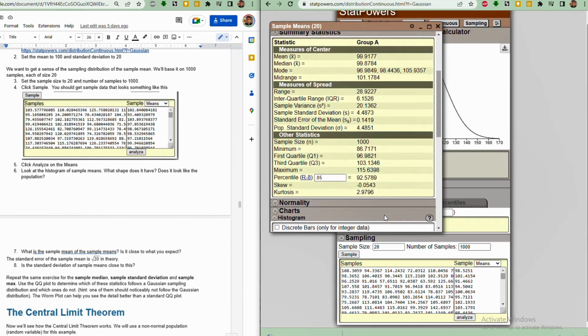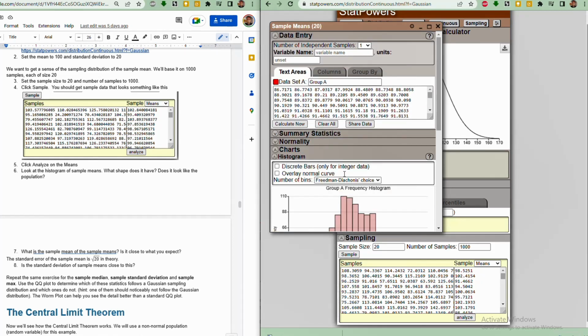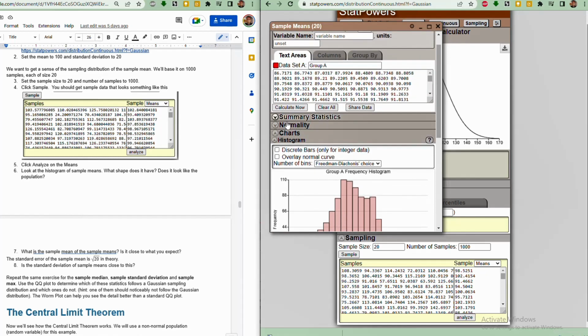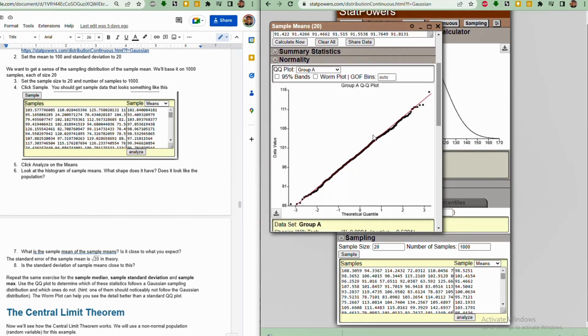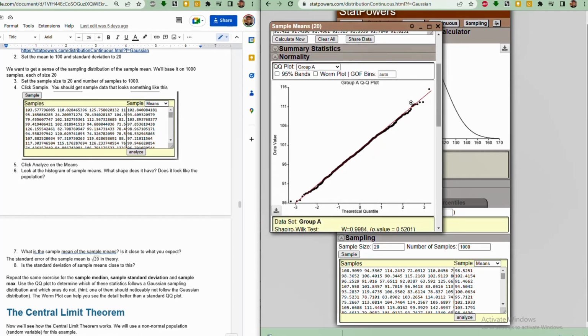Okay, now let's see, is there evidence? I know we looked at the histogram, and we can look at the normality plot. The QQ plot is very strong evidence that these sample means are distributed like a normal distribution. That's very clear from this QQ plot.